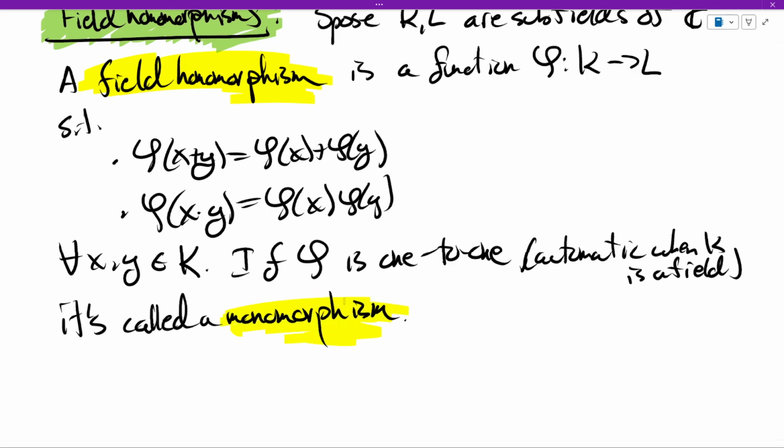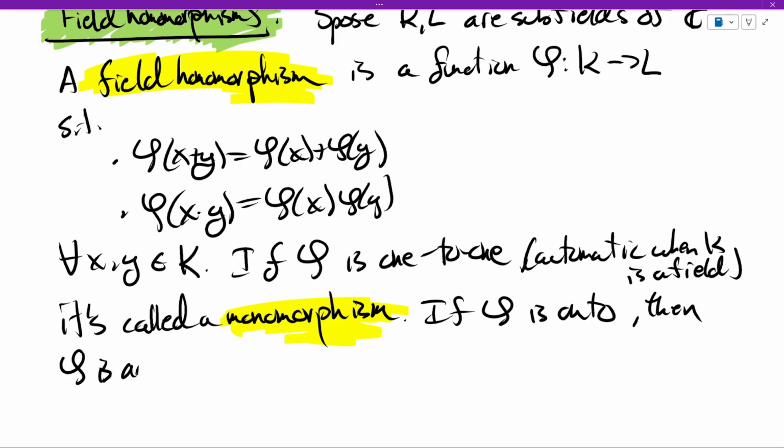If it's also onto, well, it's automatically 1-to-1, and sometimes onto is called being an epimorphism. So if phi is in addition onto, then phi is what's called an isomorphism because it's already 1-to-1.